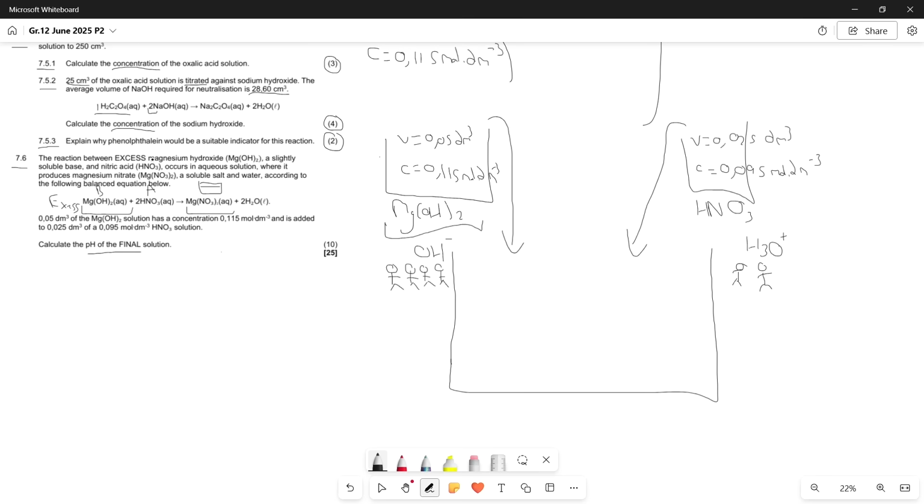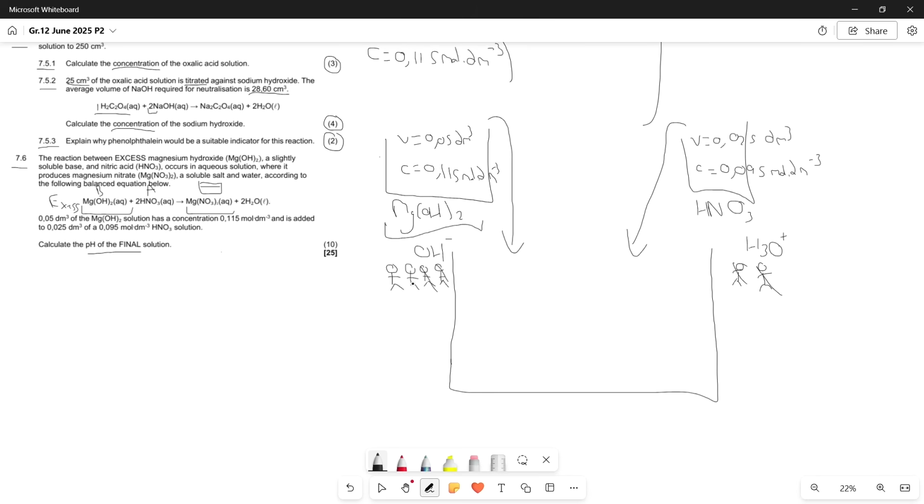The fact that it has excess magnesium hydroxide at the end means that in this war, one of these will take out one of these and give away an H and form water on both sides. So that becomes water when H3O plus gives an H back to OH, because then this becomes H2O and that becomes H2O. Another one takes out another one in this war, and we're left with our excess magnesium hydroxide.